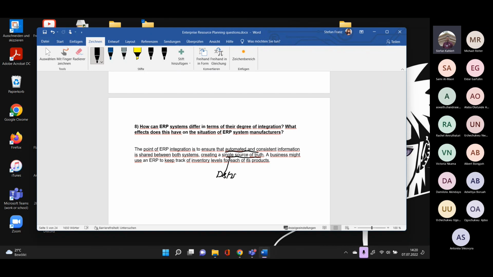This is the only truth, and here you store all the data independent from the application you use. Either if you use a human resource tool, a customer relationship management tool or anything else, it's important that there's only a single source of truth and that you do not have duplicates.